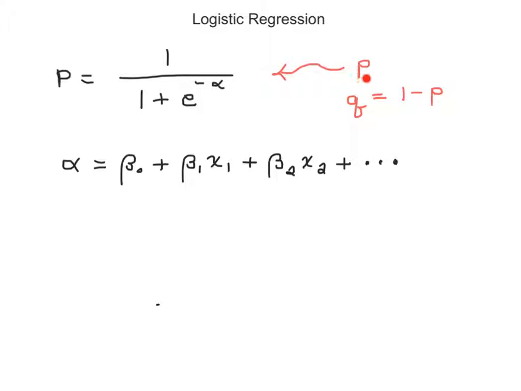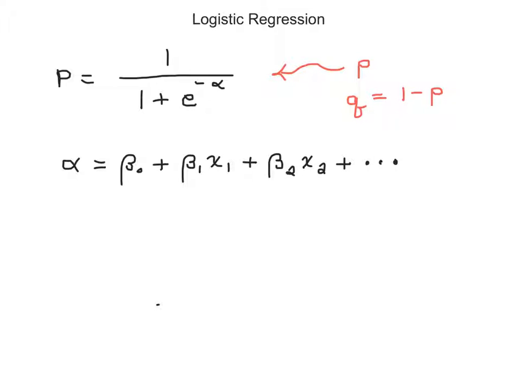So whatever P is, if we take 1 and subtract P, we will get the remaining probability to equal 100%, and that gives us the probability Q that our outcome is not true.